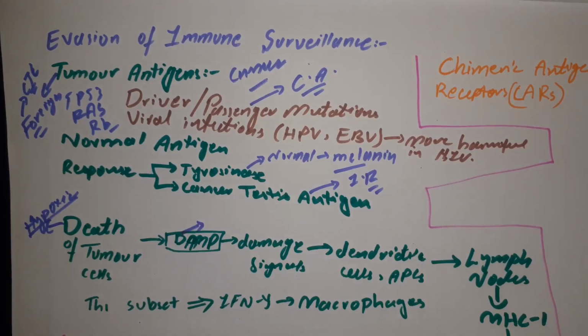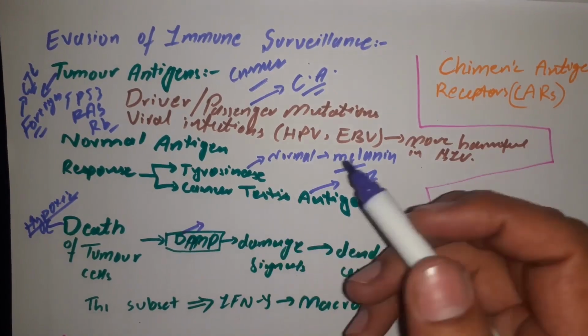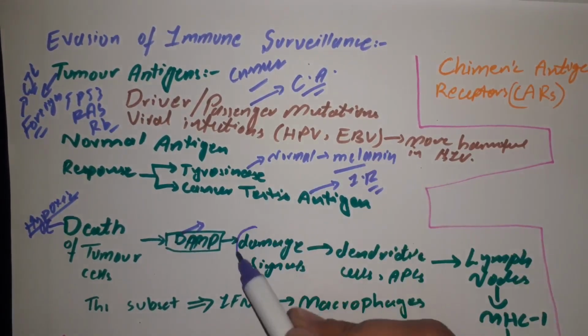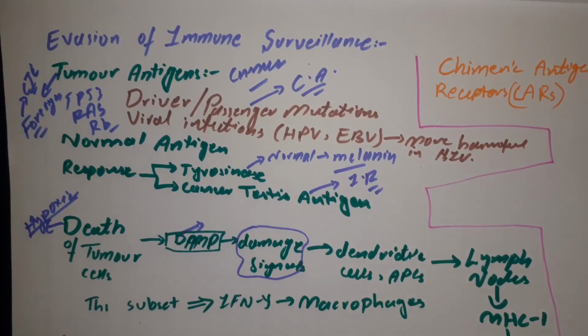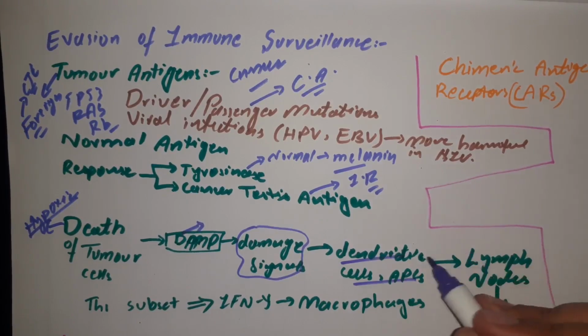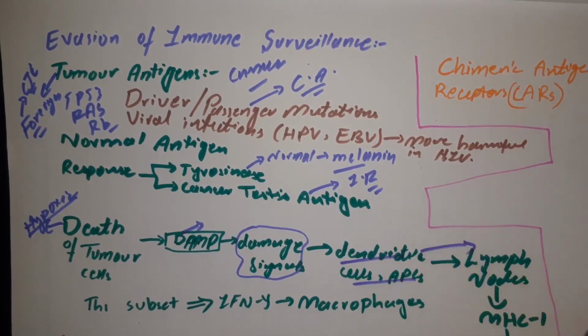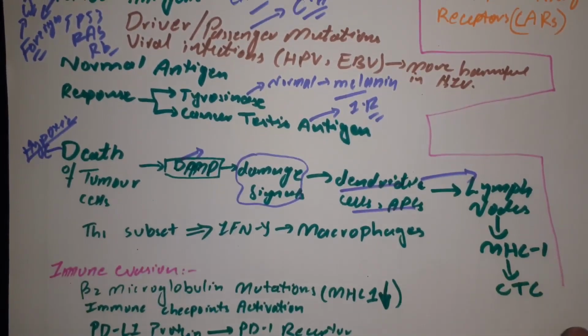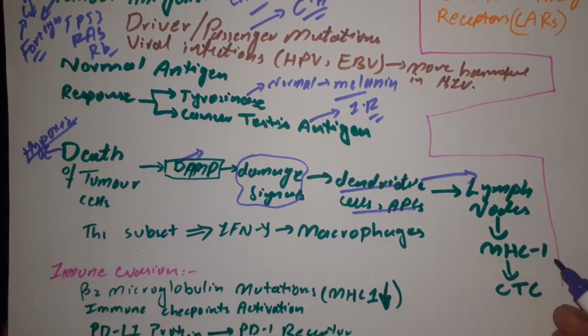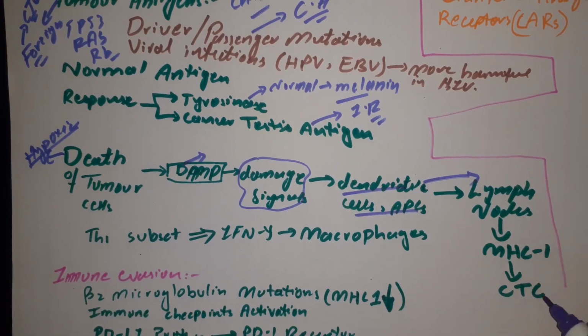When cancer cells die, these molecular patterns are released and they produce damage signals, and these dead cell particles are engulfed by dendritic cells and antigen presenting cells, which move to the lymph nodes, and in lymph nodes they present the antigen in combination with MHC class I protein to cytotoxic T cells, and these cytotoxic T cells then produce the cytotoxic T cell response.